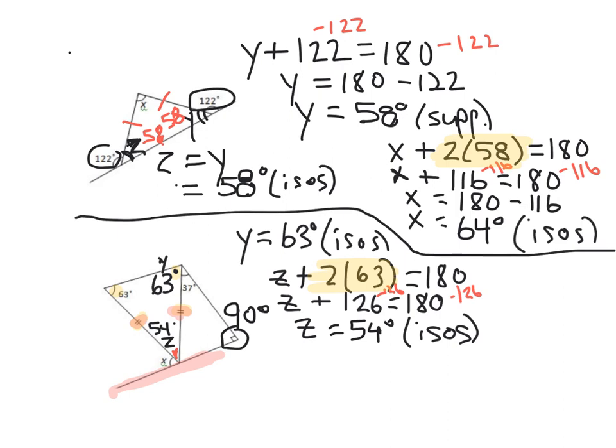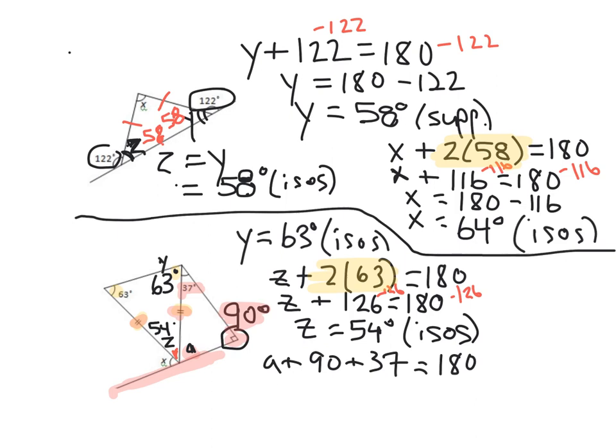So now on my second triangle, so the triangle to the right, I already know that this is 37. We've already established that that's 90 because of this little box. So I just need to find this third guy. So I've run out of letters in my alphabet, so I'm just going to start from the beginning. I'm going to call this one A. So I'm going to say A plus 90 plus 37 equals the total angle measures in a triangle, so that's 180.